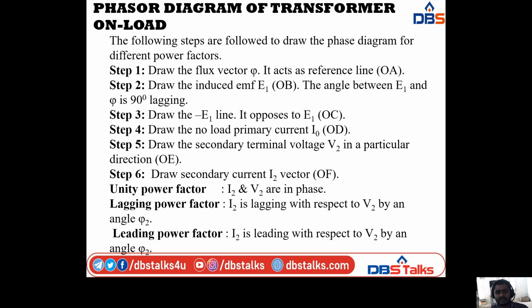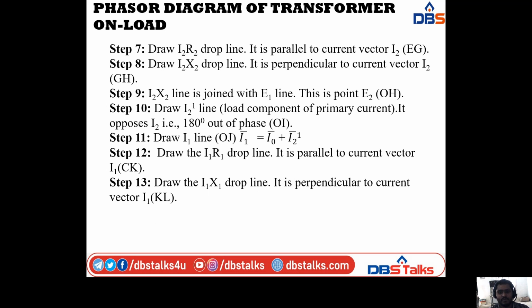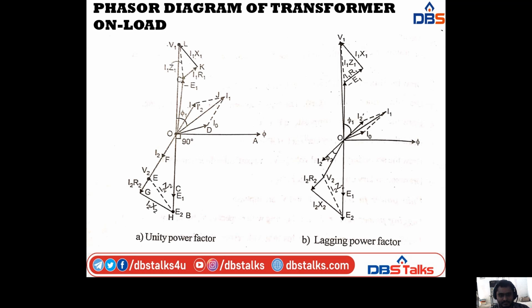Coming to the second step, I am drawing the induced EMF line E1, that is OB, in all three cases. The angle between E1 and phi is 90 degrees lagging in all the cases. So in all the cases, this OB line, that is E1, is lagging by 90 degrees with respect to the flux.